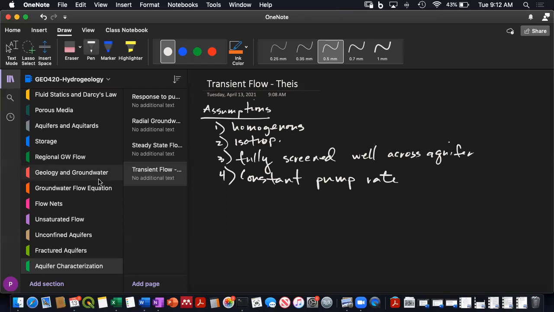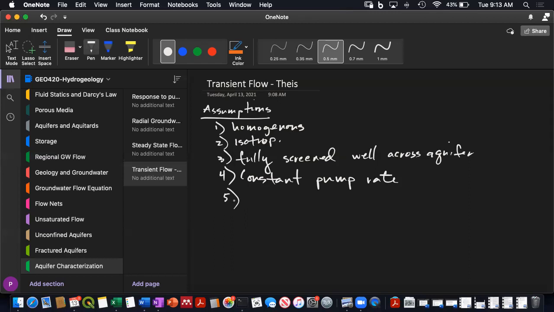All right, these are major assumptions. Now for the Theis equation, there's another caveat here. Couple ones. So here, this is transient flow. So we're saying that things are changing with time. But the big thing here is that we're saying it's happening fast. So all the water we pump out is coming from storage.